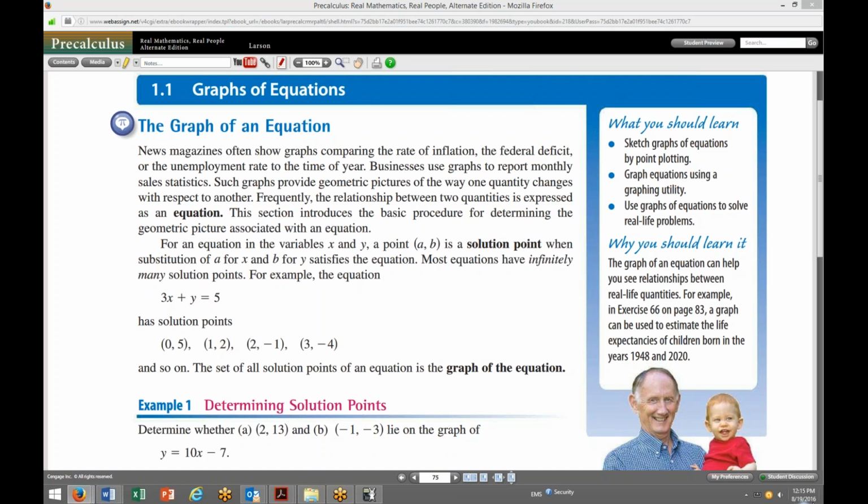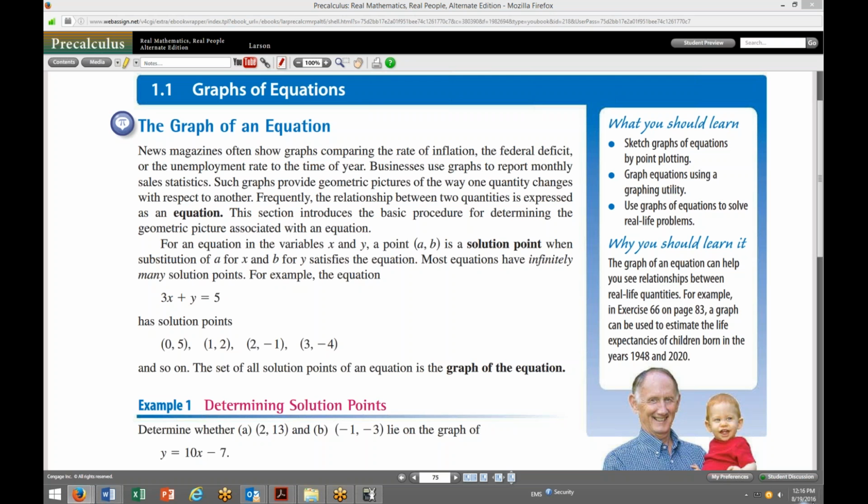When we speak of the graph of an equation, let's talk about what we mean. What is an equation? In this course, we're going to have equations of two variables very frequently, most frequently x and y, and most frequently where y is a function of x.